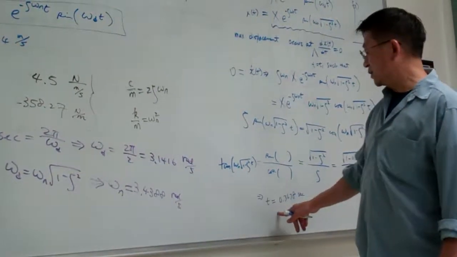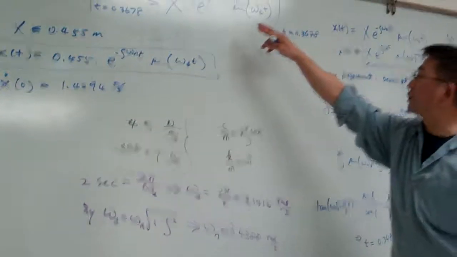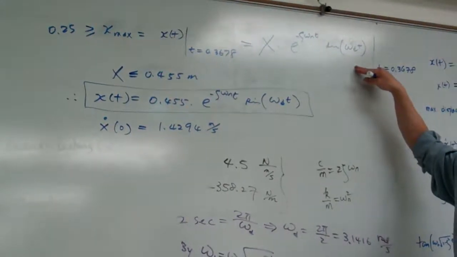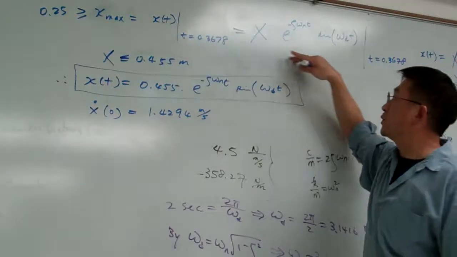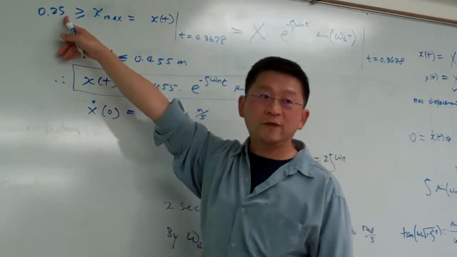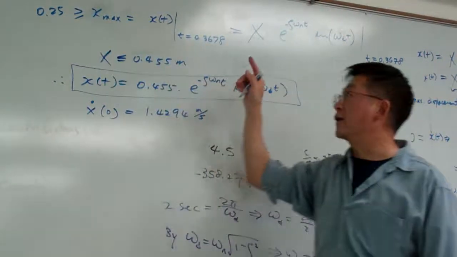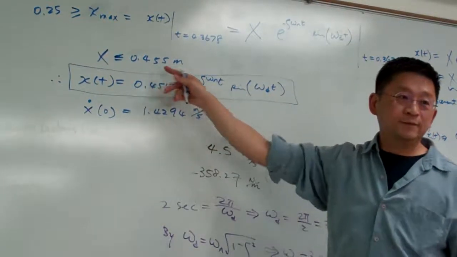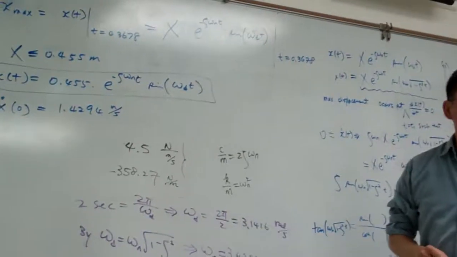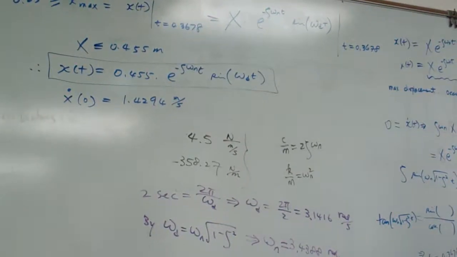So we plug the t into these equations, into our response. We plug in t equal to this, and the whole response is less than 0.25. So from here, we will be able to solve for x is less than this number. Okay? And any other questions?